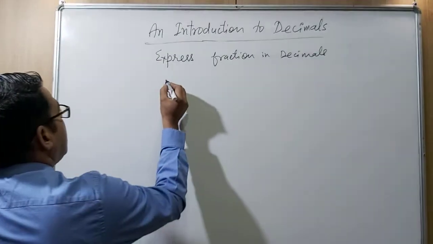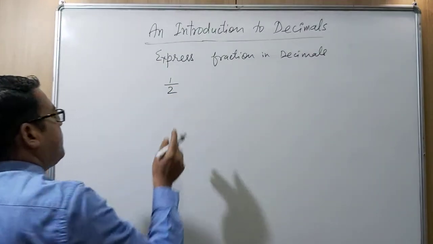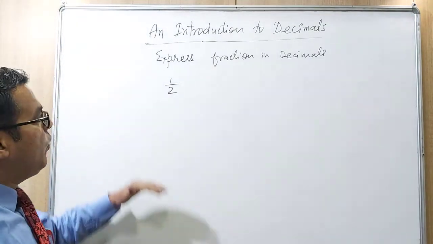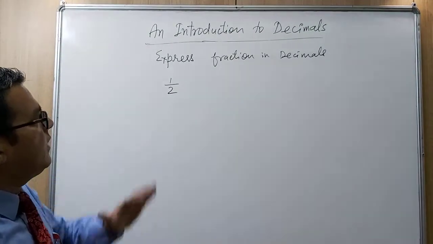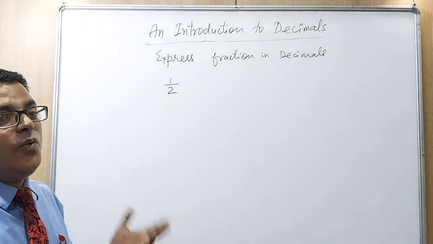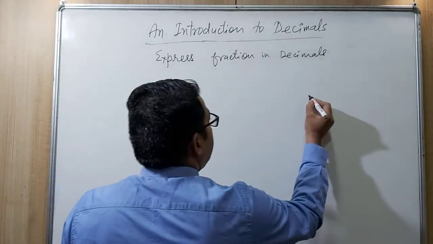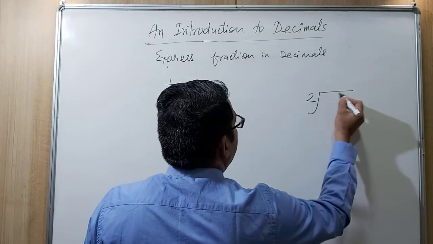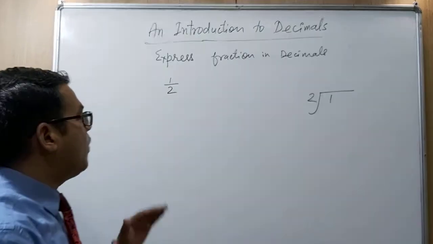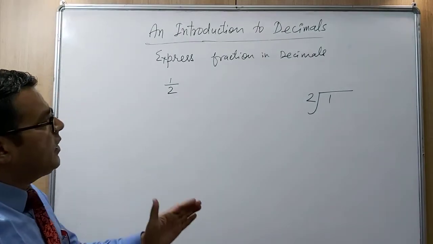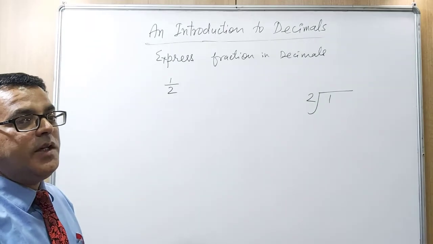Suppose, taking a simple example, 1/2 is given there. We can express this fraction in decimals. How can we? We need to divide 1 by 2.